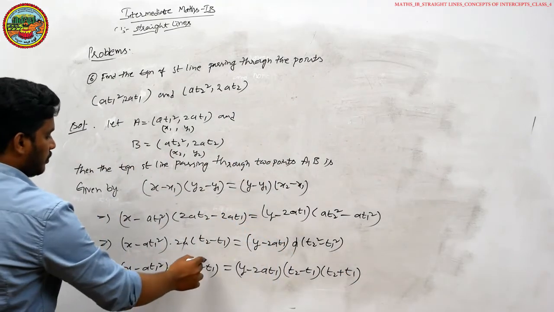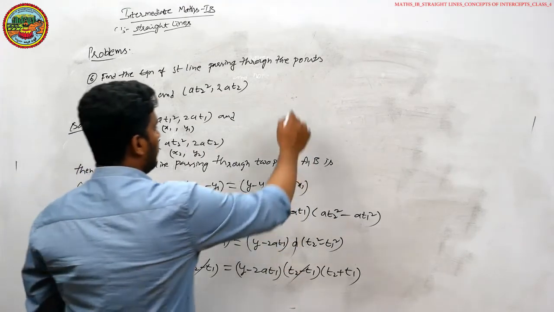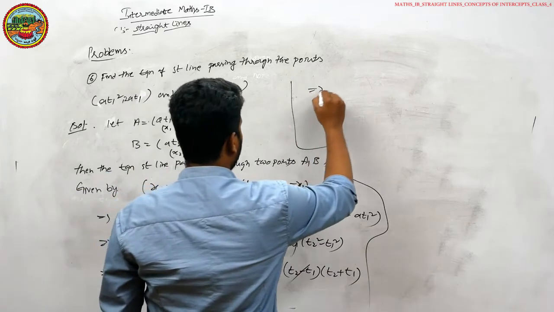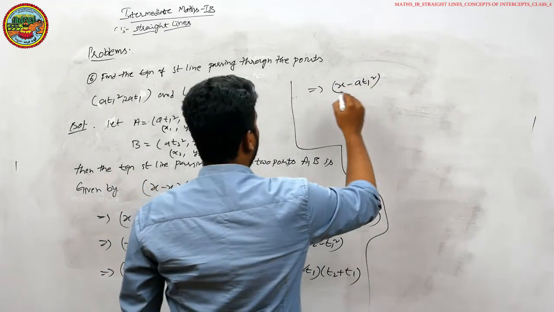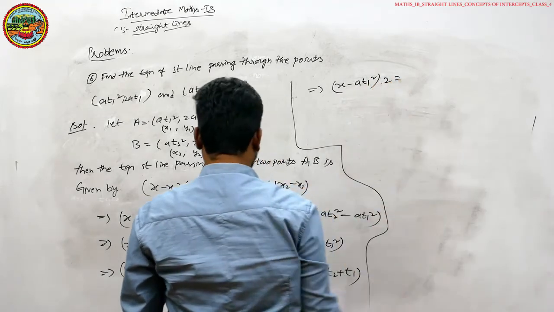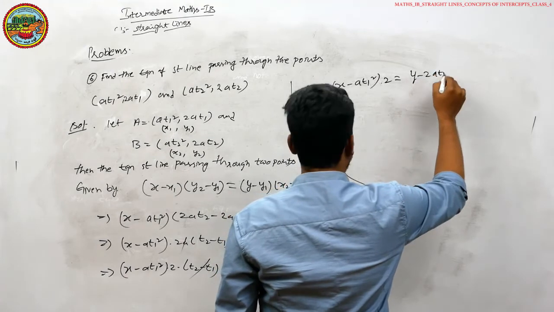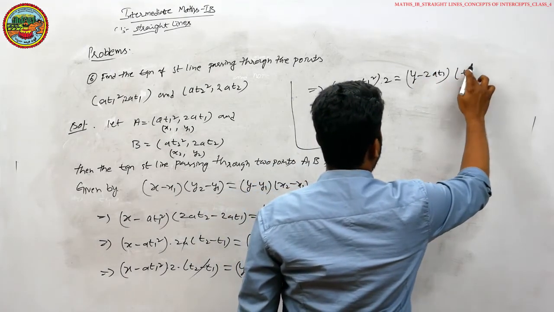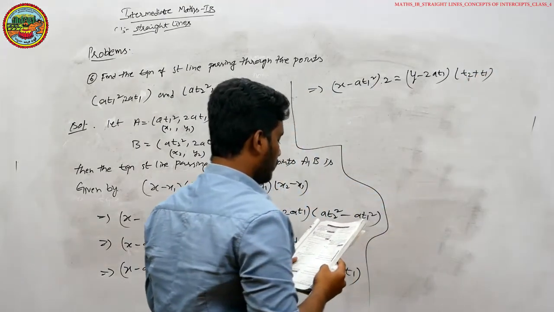So here t2 minus t1 and t2 minus t1 both get cancelled, then the remaining part is x minus a t1 square into 2 is equal to y minus 2a t1 and t2 plus t1.